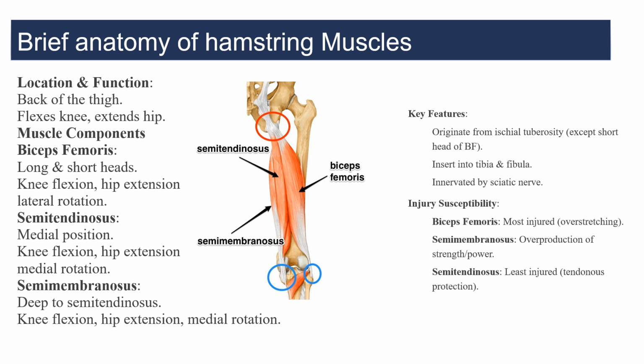In terms of injury susceptibility, biceps femoris is the most injured muscle due to overstretching, followed by semimembranosus due to overproduction of strength and power, which is commonly seen in sporting activities like sprinting. And semitendinosus is the least injured because it has more tendinous projection than muscle belly, as you can see in the picture also.